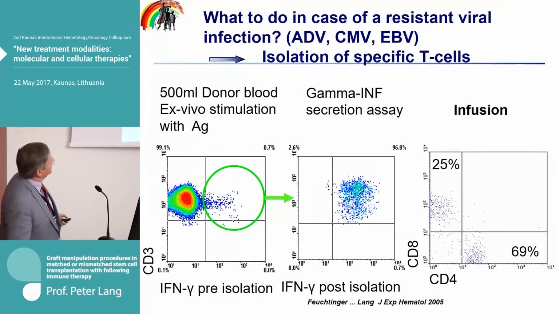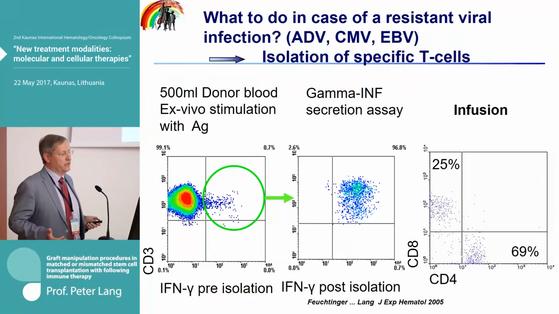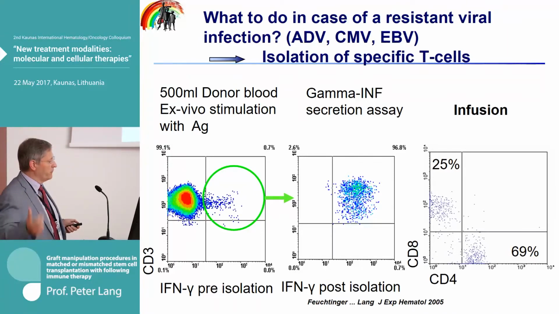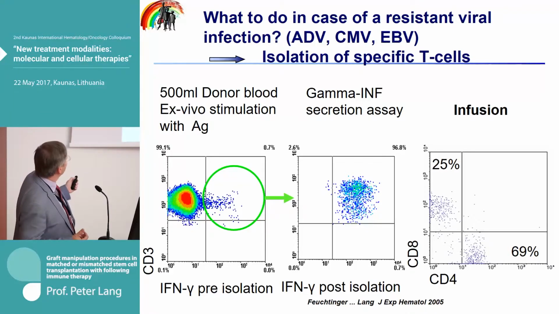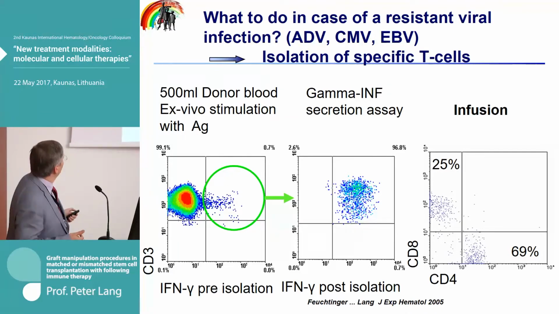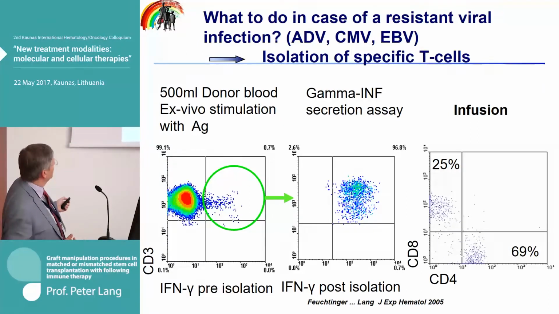So what can we do in case of a resistant viral infection, if this infection does not respond to antivirals, ADV, CMV, or EBV? In that case, we are able to isolate specific T cells from the donor. We need about 500 ml donor blood or an unstimulated leukapheresis. We do an ex vivo stimulation with the corresponding antigen overnight, and specific T cells can be recognized by their gamma interferon production afterwards.